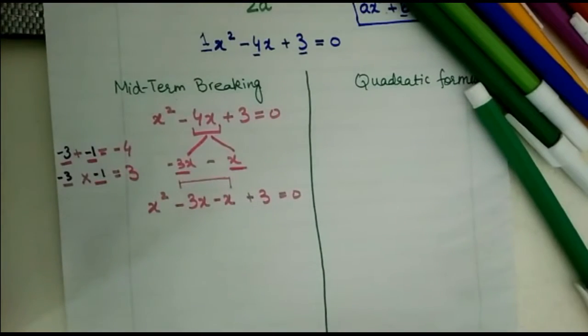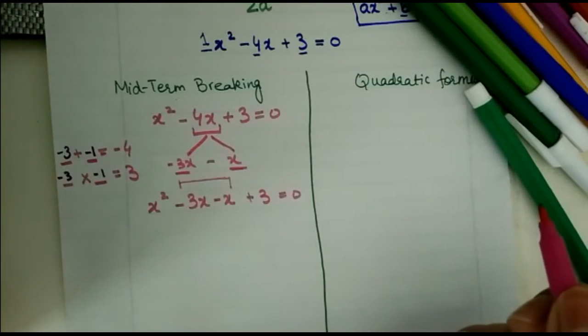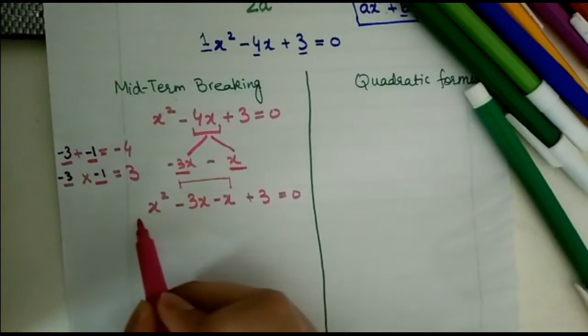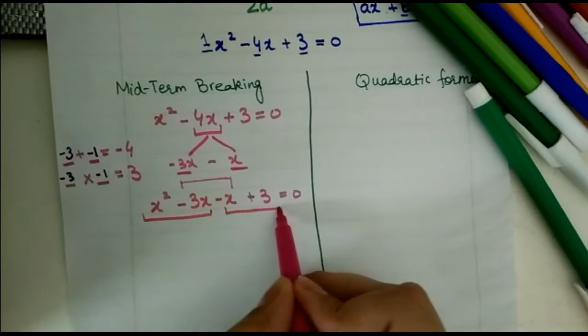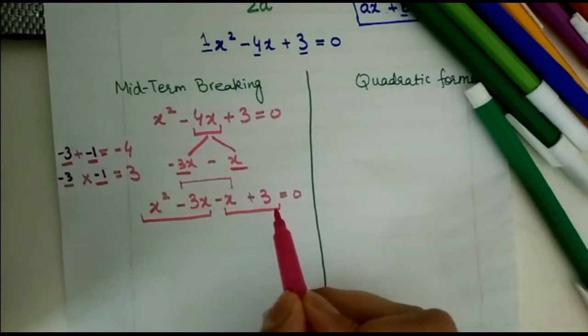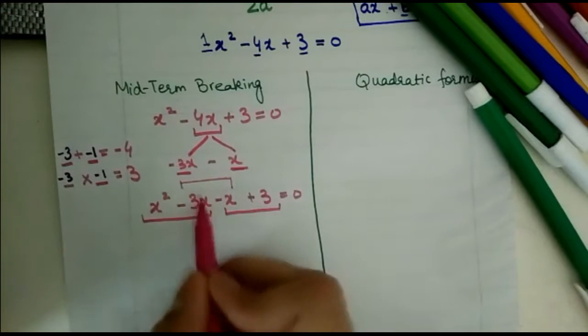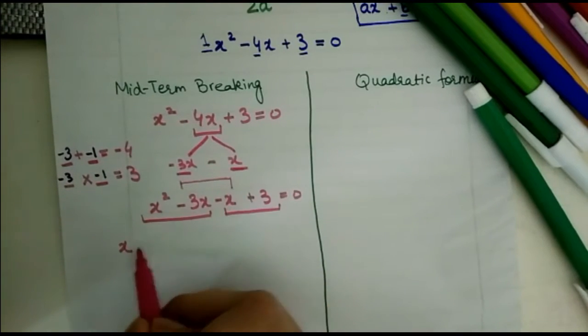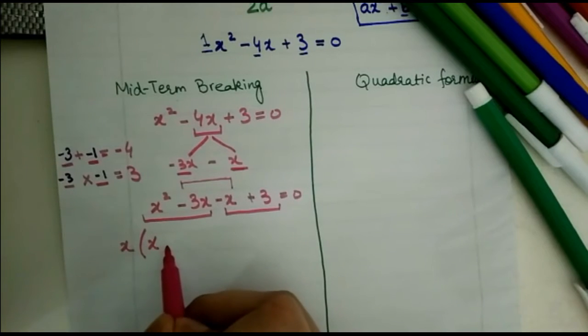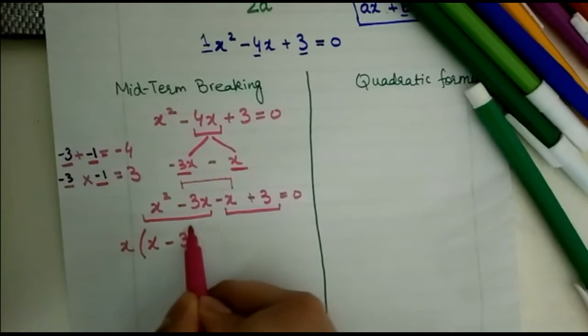Now coming down, I'll be factorizing this. How? I'll be dividing the first two terms separately and the other two terms separately. Now factorizing these terms. If I take x common from them, there is one x left inside the bracket, minus 3.